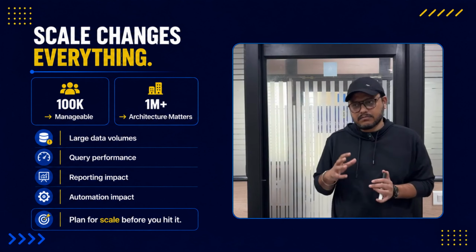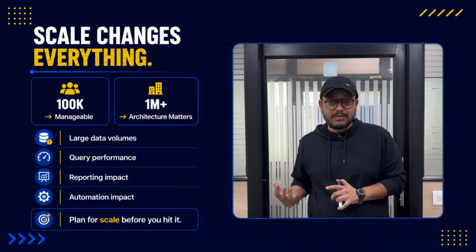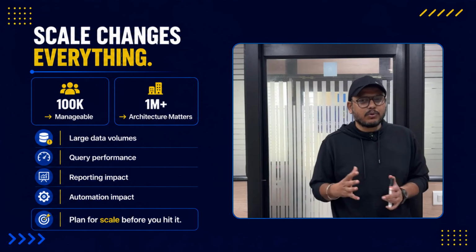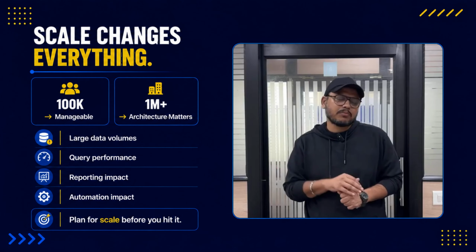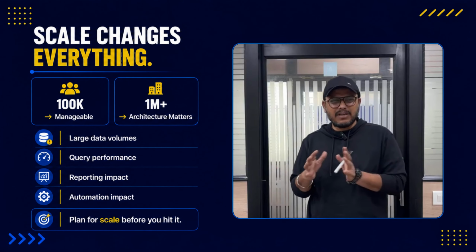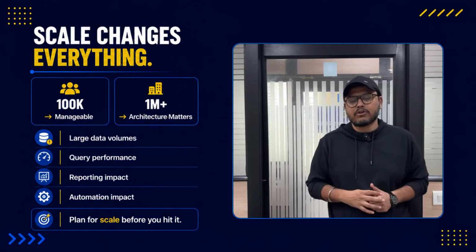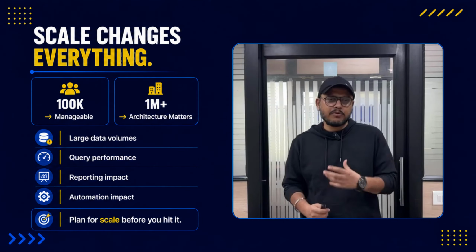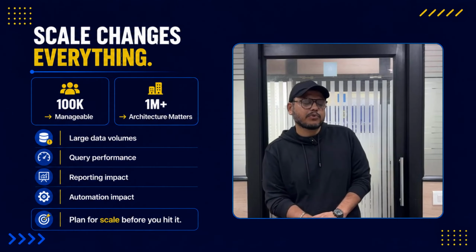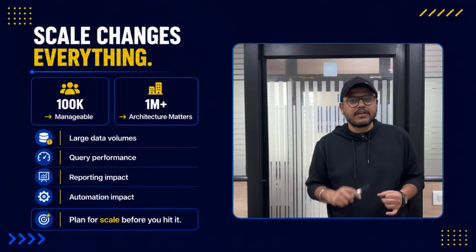Data architecture still matters there, but it possibly will not start impacting your performance at 200, 300,000 records in an object. But the moment you have a million records in an object, or more than a million records in any one of the objects, that's where you really need to be cautious about having a very good data architecture. Otherwise it will start impacting the performance of everything, including reports, automations, and integrations.